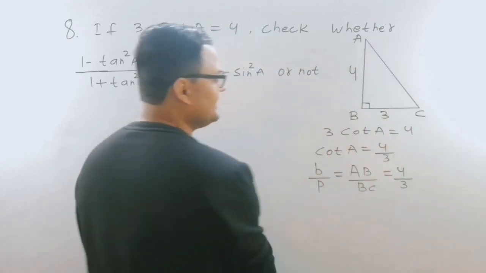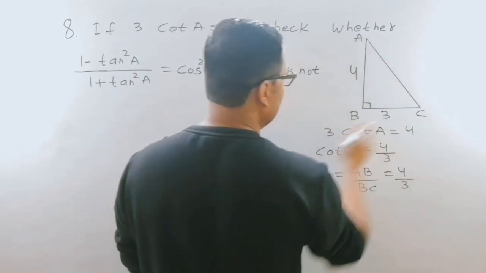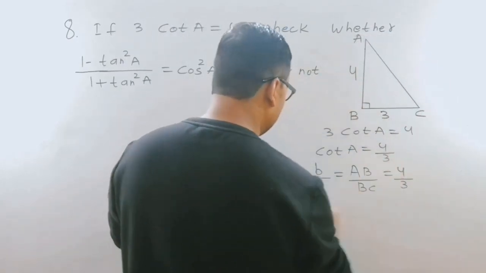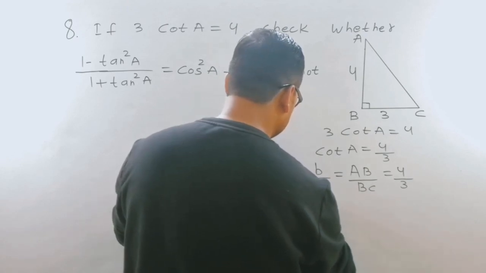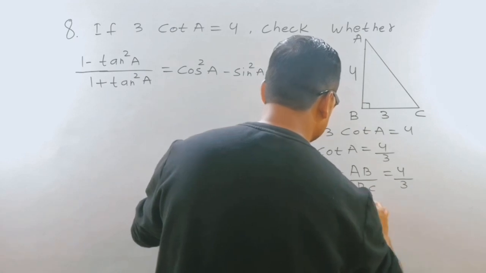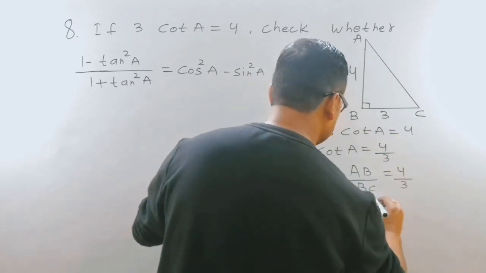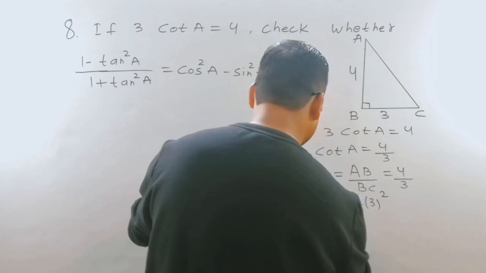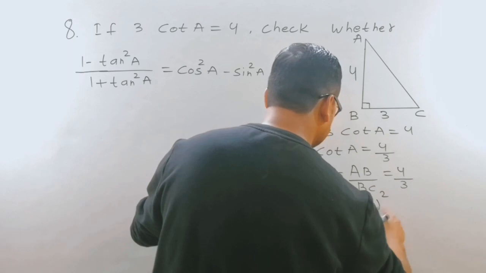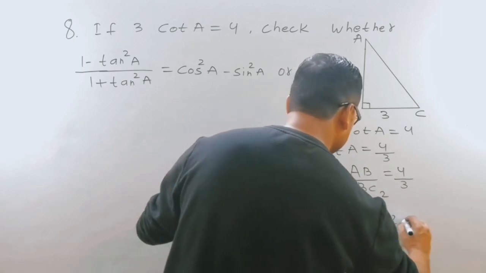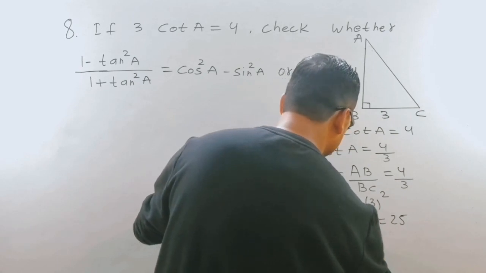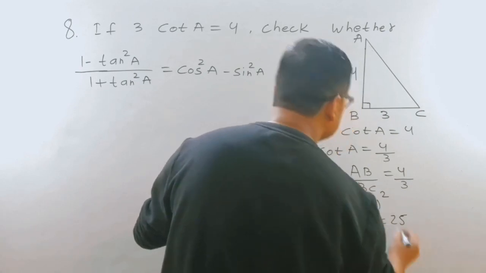Now, this is the basic one, Pythagoras. AC will be 5 because 3, 4, 5 is a Pythagoras triplet. Still, I am doing it. Then AC square will be AB square, that is 4 square, plus BC square, that is 3 square. So AC square is 16 plus 9, so I got 25. Then AC will be root 25, that is 5.